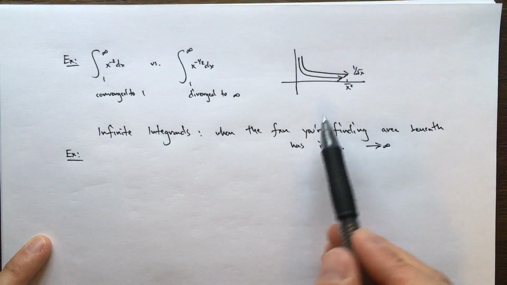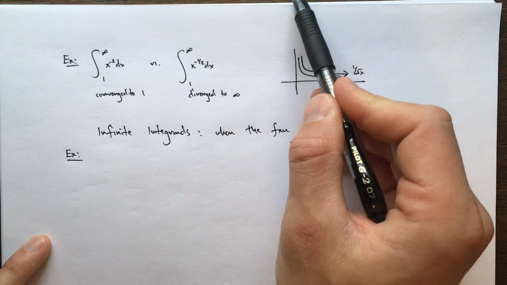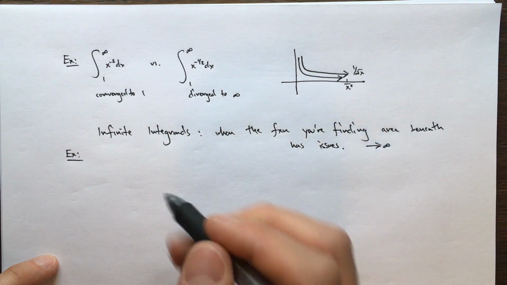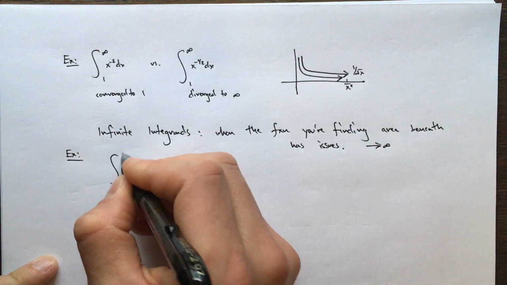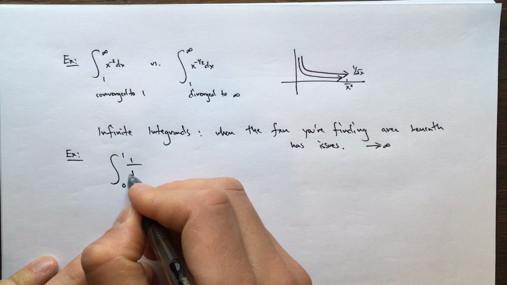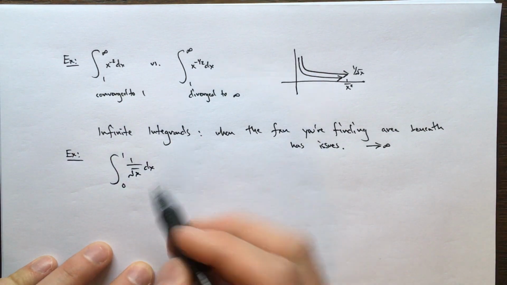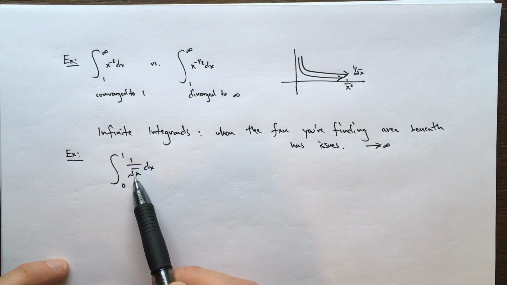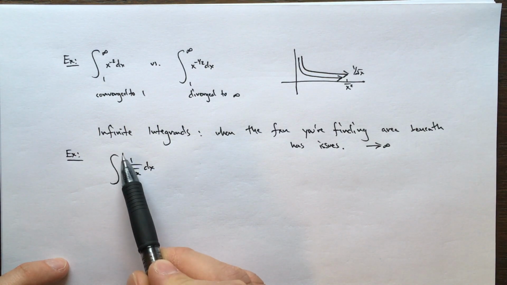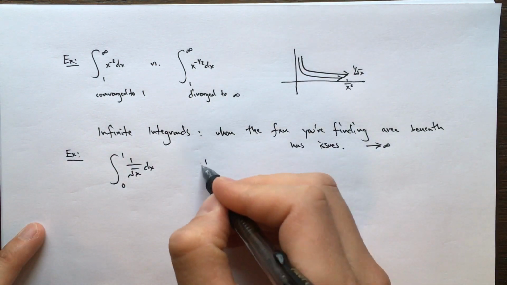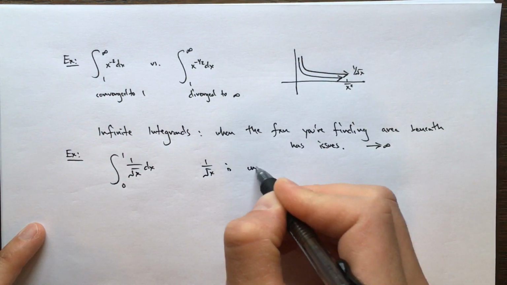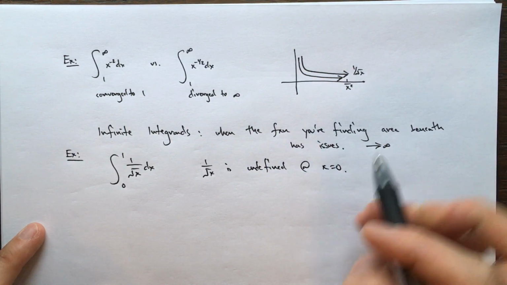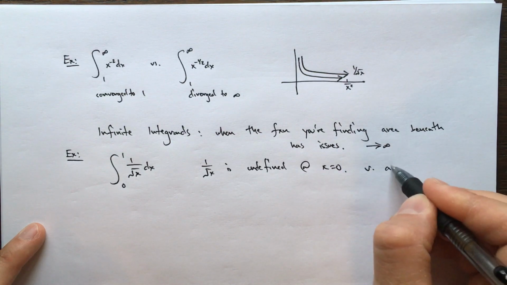So now instead of the x value going towards infinity in this direction, we're going up, usually a vertical asymptote type of issue. So let's say we had the integral from 0 to 1 of 1 over root x dx. Thinking about 1 over root x, what you want to watch out for is whether this is undefined at 0 or 1 or somewhere in between. Well, 1 over root x is undefined at x equals 0. And in fact, it has a vertical asymptote there.